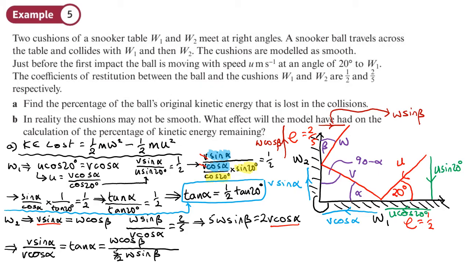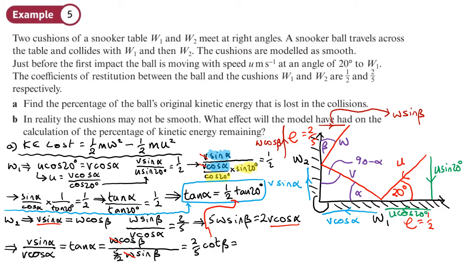Well, the W's cancel out, and that's the same as cot beta. So I could write that, dividing by 5 over 2 is the same as 2/5, so that's 2/5 cot beta. Now what does that equal? That equals tan alpha, and I'll work that out from here. That's half tan 20.